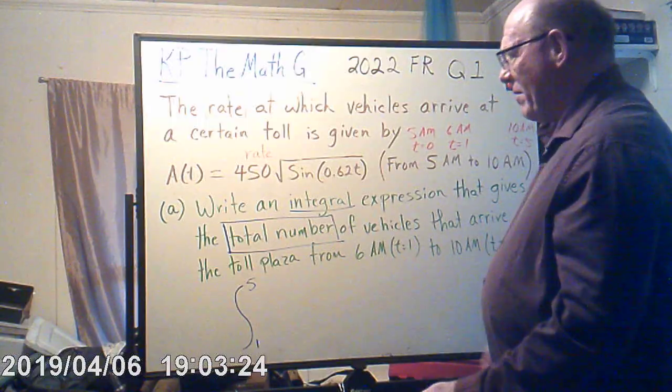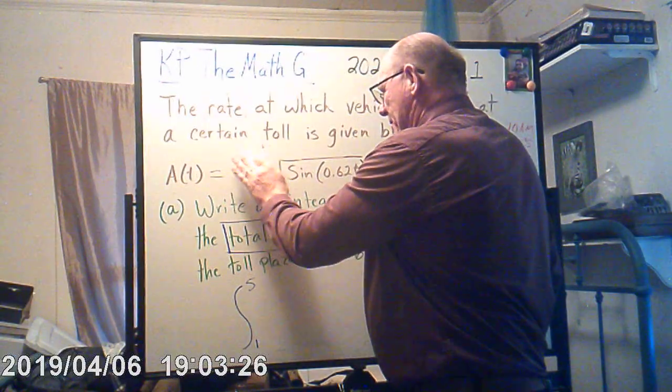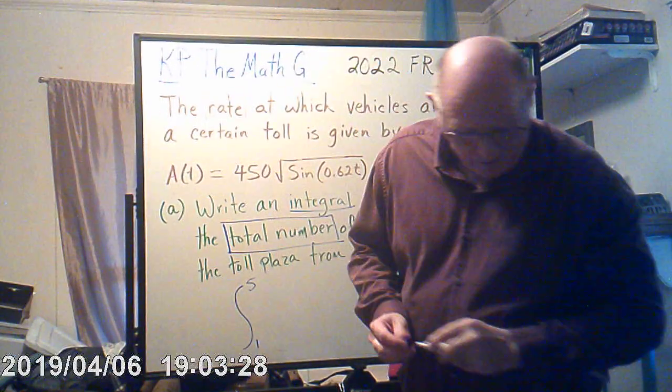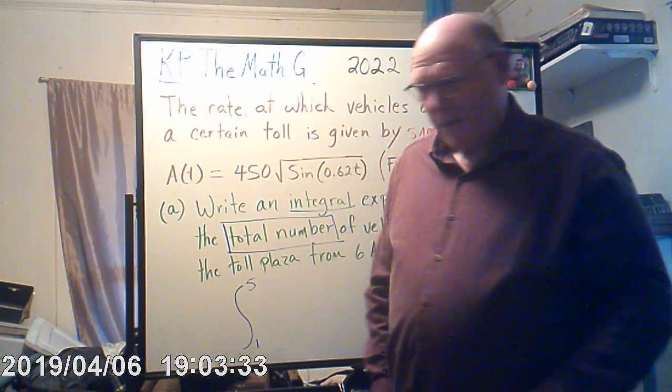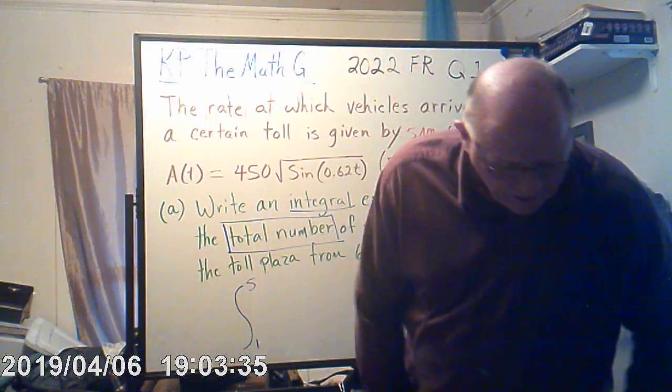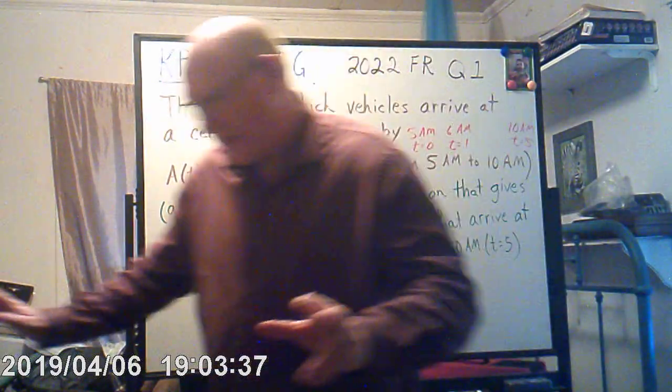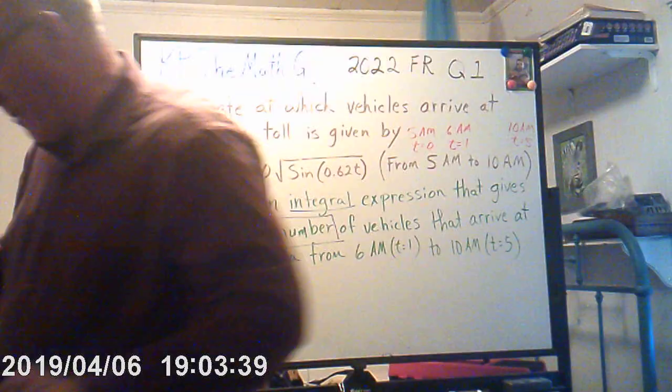Now what I would do if I were you, I would take my calculator, and my calculator is on my phone, which I do not have available. Hold on just a second. I think it's in the other room. I'll be right back.